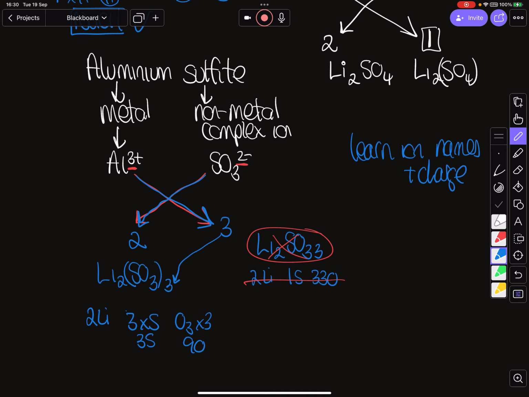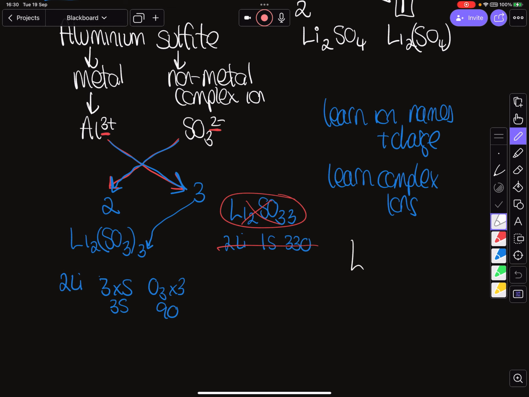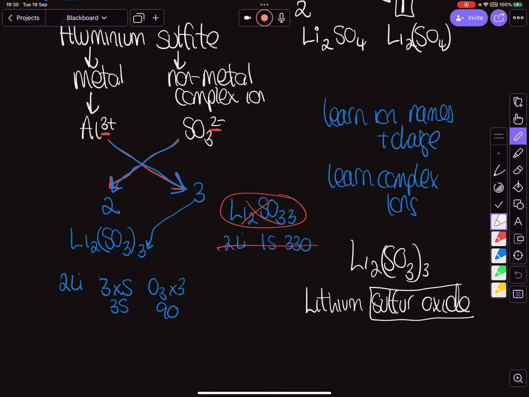You can always get a periodic table, and you have to learn your complex ions, because I guarantee you, if I gave you this as a formula next Christmas or in summer, I will get lithium sulfur oxide, and you've just now lost your marks because you did not learn your complex ions. So please make sure that happens. Ask questions if you need help.